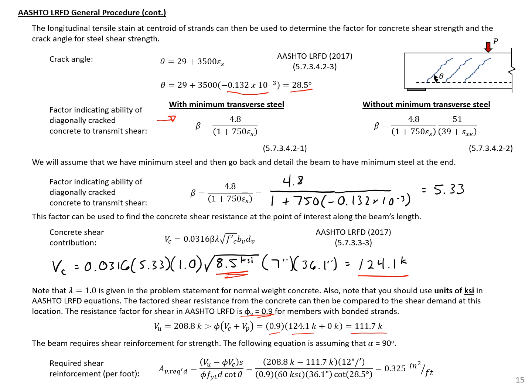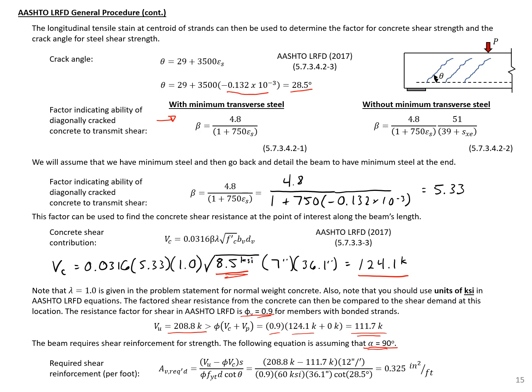We can see that this value is less than our demand, 208.8. So we need shear reinforcement for strength in our beam. We're going to assume that our reinforcement is orthogonally placed, so vertically placed with an alpha angle equal to 90 degrees.